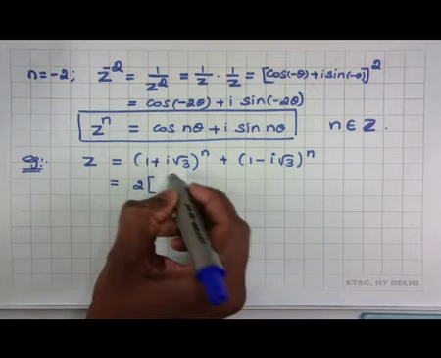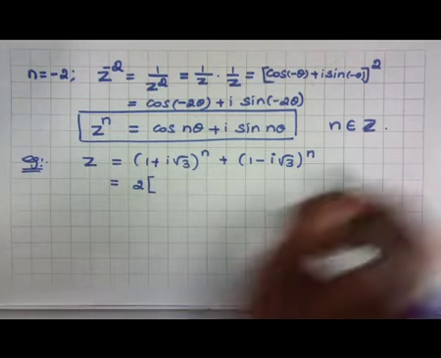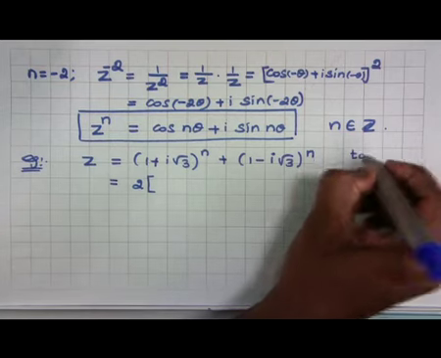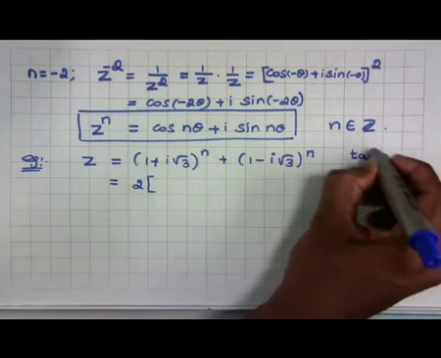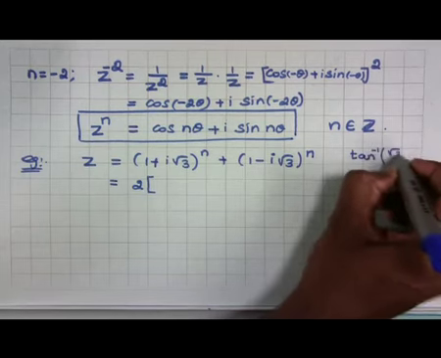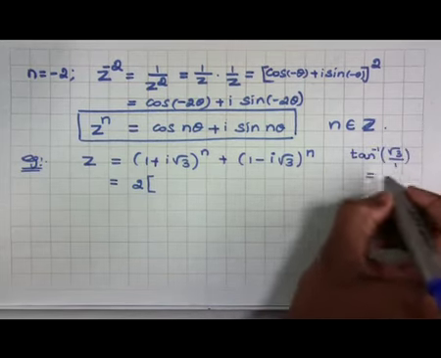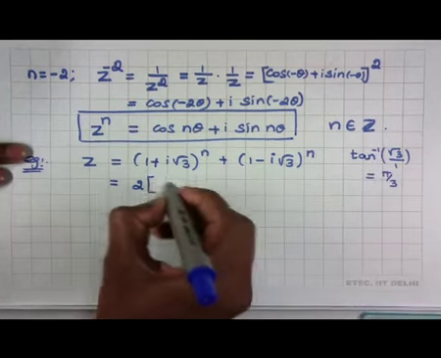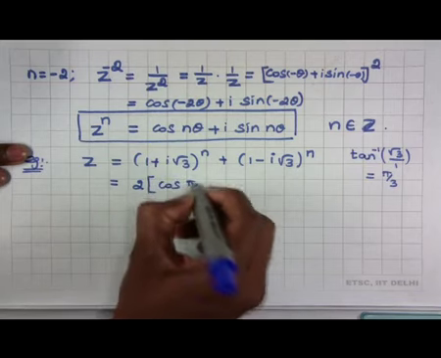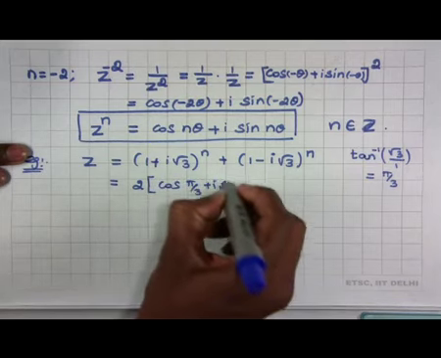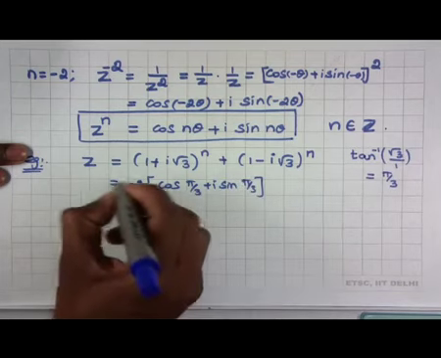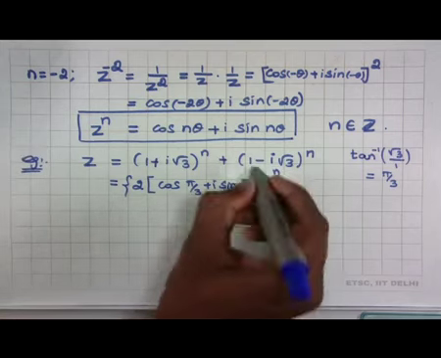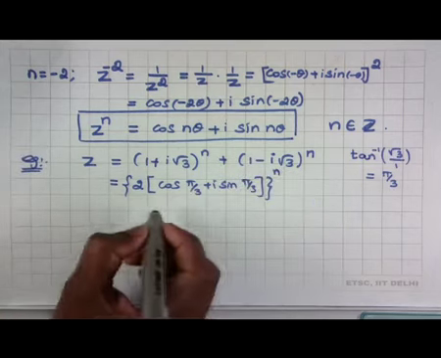Theta we can verify is pi by 3, using tan inverse. So, we have 2 cos of pi by 3 plus I sin pi by 3 whole power n. Similarly, we need to do it for 1 minus I root 3.